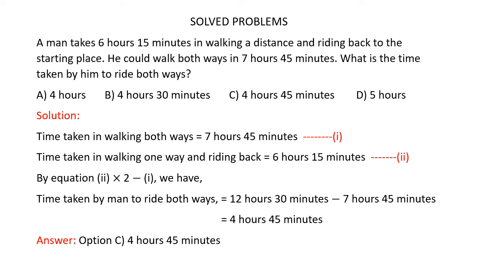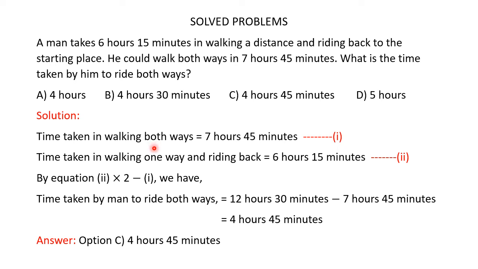Now let's multiply equation 2 with 2. Then you will get time taken for walking both ways and riding both ways. But what we are required to find is the time taken by the man to ride both ways. So let's subtract the time taken in walking both ways from the new equation.